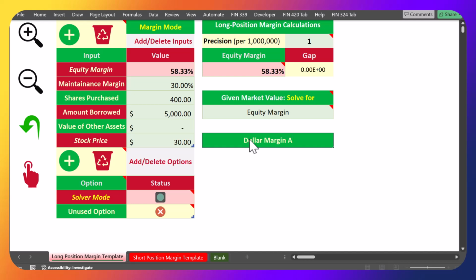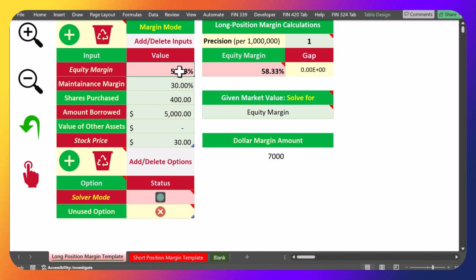The question is asking about the dollar margin amount. And that would be shares purchased times stock price.